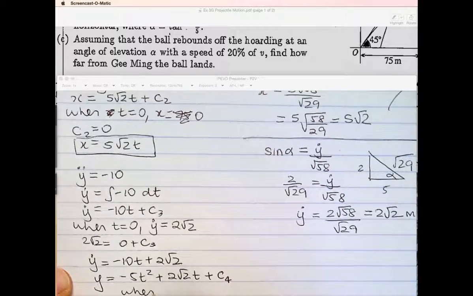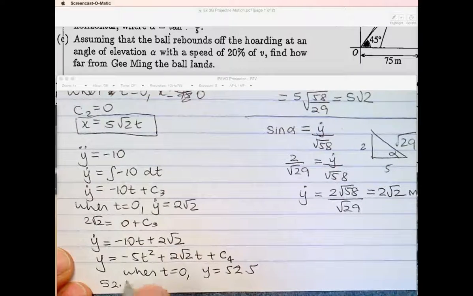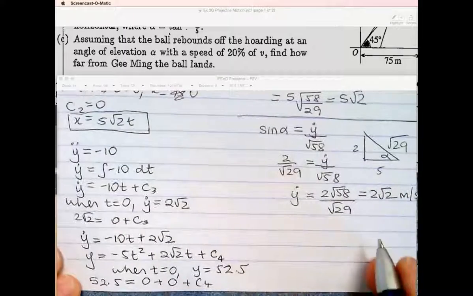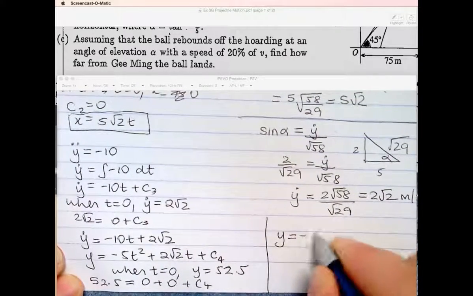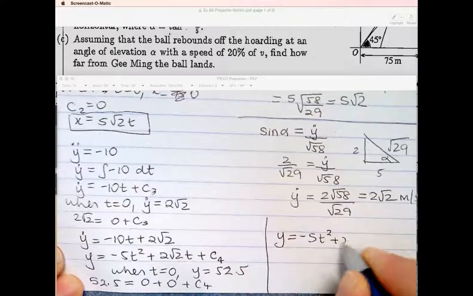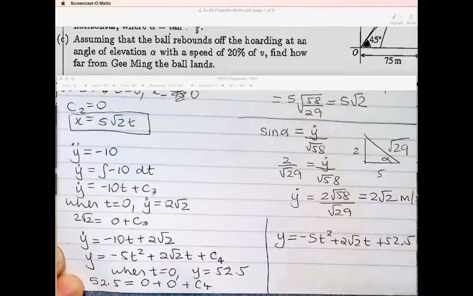So when t is 0, y is 52.5. So therefore, 52.5 equals 0 plus 0 plus c4. That means c4 is 52.5. Therefore, y equals negative 5t squared plus 2 root 2t plus 52.5.